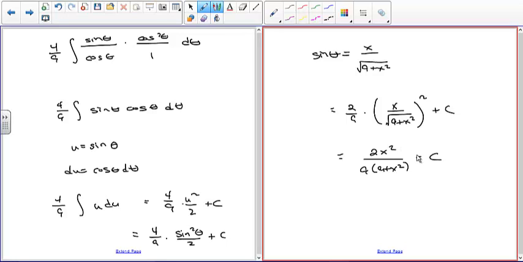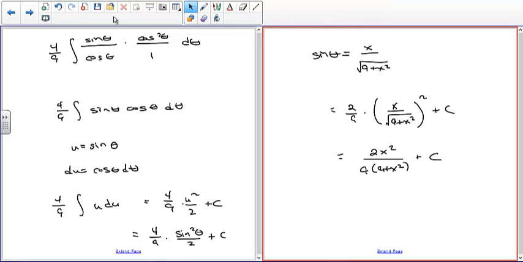So I just square the numerator and the denominator. I think that's right. I think so. Okay, so then we're done with that sheet.